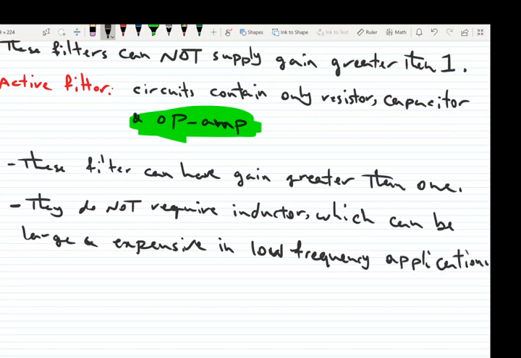So we can implement any active filter using capacitor, resistor, and op amp. So we don't need to have an inductor. Why shouldn't we use an inductor? Because, as I mentioned, it can be expensive and very large, especially for low frequency applications.